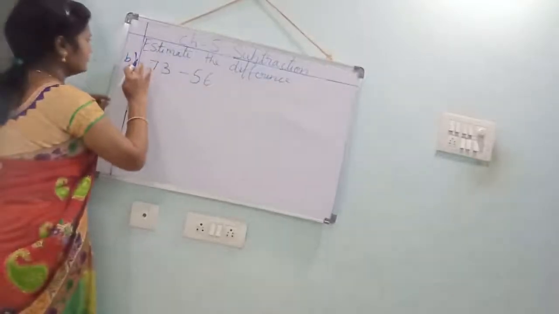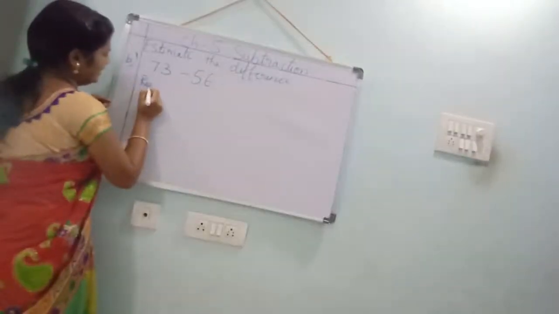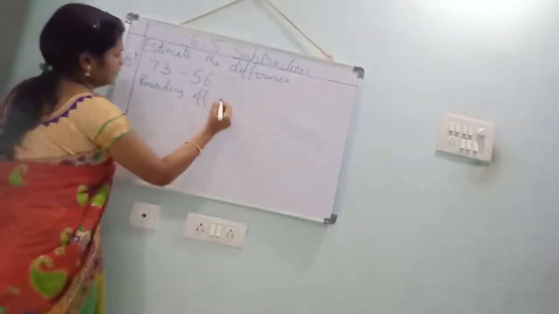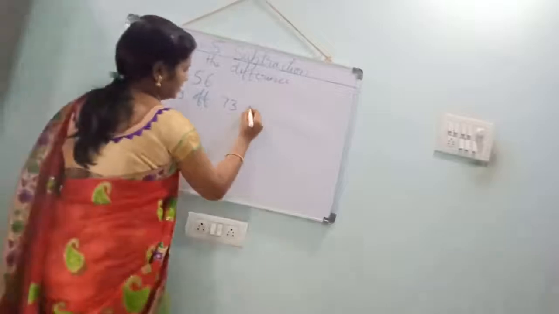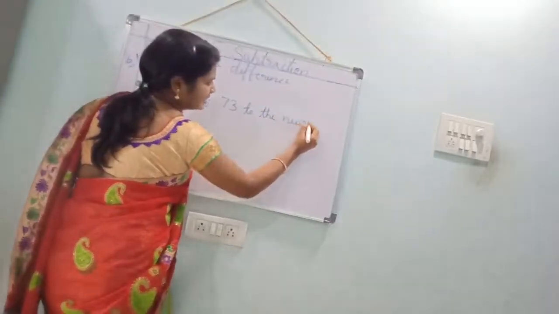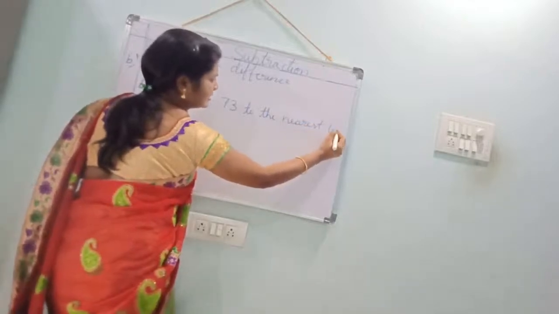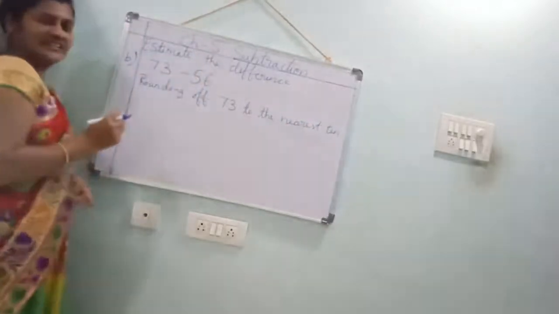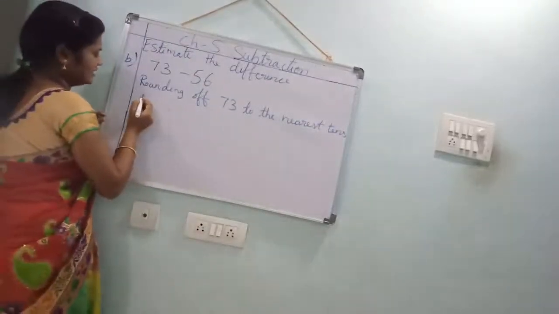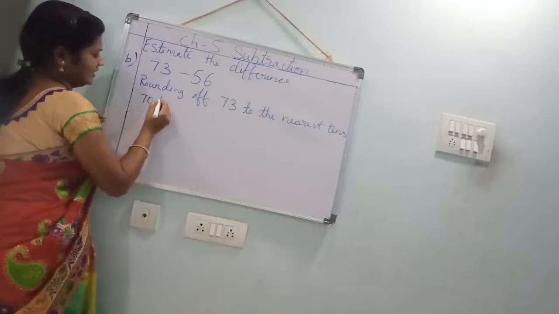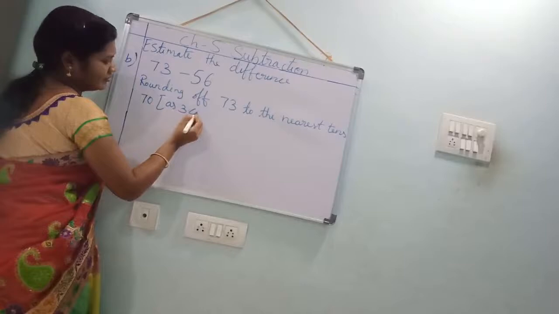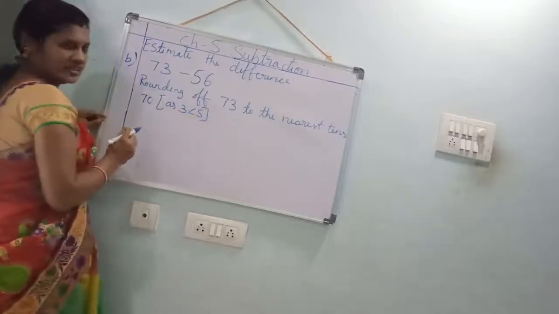You should round off 73. Rounding off 73 to the nearest tens. What is that? Tell me. 73 to the nearest tens is 70, as 3 is less than 5. Understood, children?